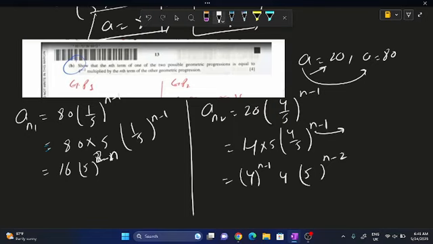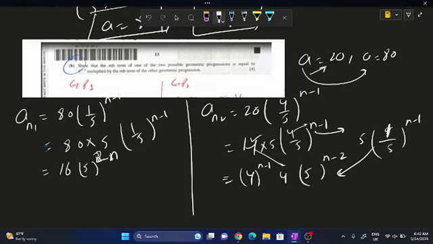Hope you understand this step. This is very basic. I just made a power on each term separately. This 4 is as it is, and this 4 raised to the power n minus 1 is written over here, and this is (1 by 5) raised to the power n minus 1, and this is 5. So using the basic rule of maths I just did, finding my power as 5 raised to the power n minus 2.